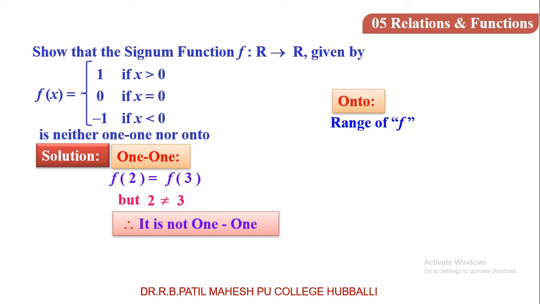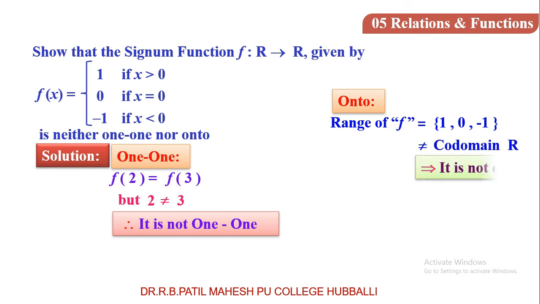Onto: the range of this function is just 1, 0, minus 1. Only these three elements belong to the range. So the range is {1, 0, minus 1}, and the codomain is definitely capital R, not equal, hence the function is not an onto function. So these are the three types: signum, greatest integer, and modulus functions are not one-one, not onto functions.